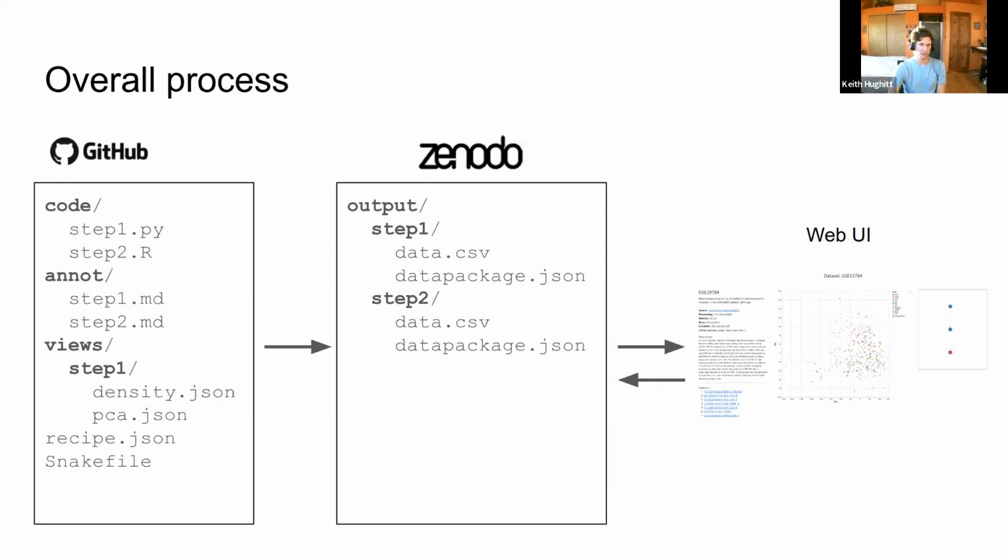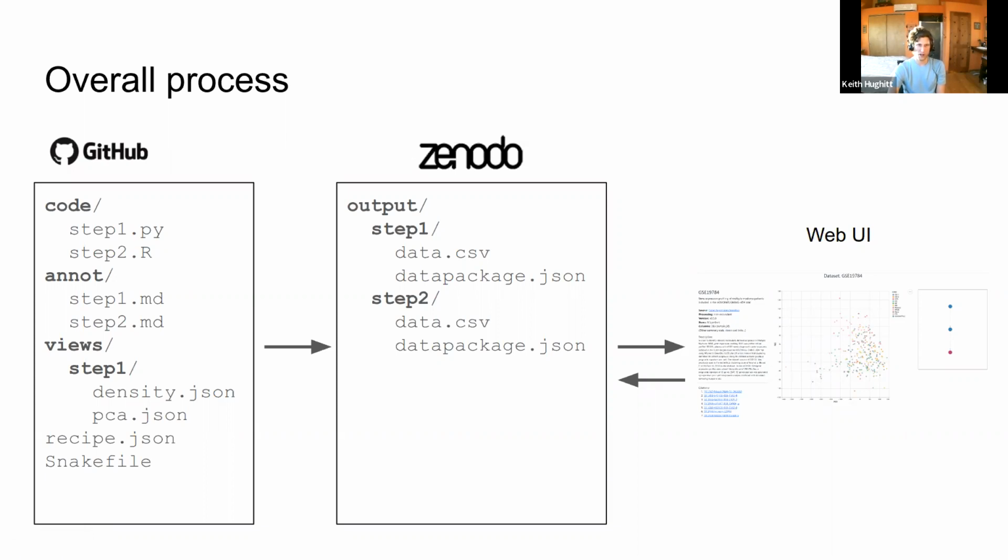And then finally, you could have different types of views that you incorporate with each of the steps as well. And a recipe.json file is just some metadata that would facilitate any tooling to understand and generate these DAGs. I can maybe share that later.